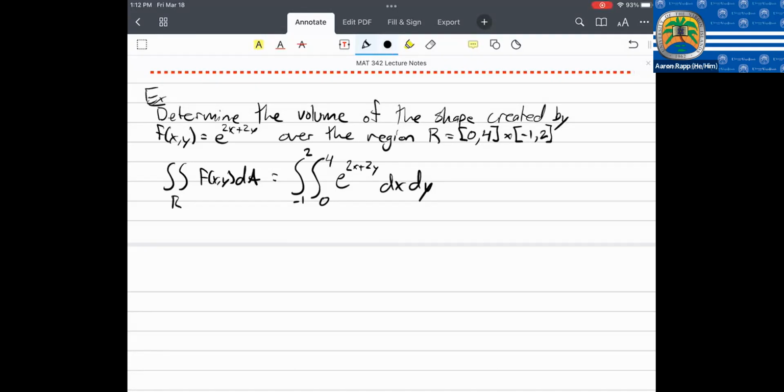And the way I deal with double integrals is I view them as nested. So I have to do that inner integration first. So I have the integral from negative 1 to 2, but with that I'm integrating the integral from 0 to 4 of e to the 2x plus 2y with respect to x, figure out whatever that is, then integrate with respect to y. All right, well, I have to do that integration.